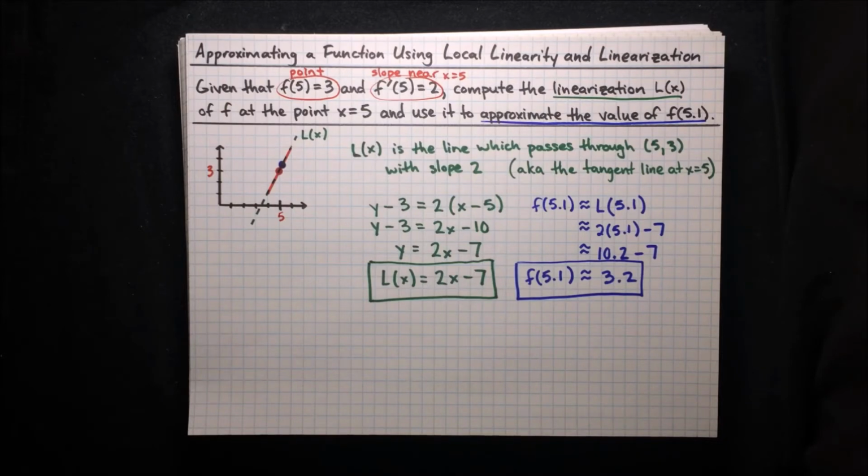Alright, so lastly, before we move on, what is the general equation for the linearization of f at the point x equals a? Let's go ahead and write that down so we can refer to it in future problems that we do.